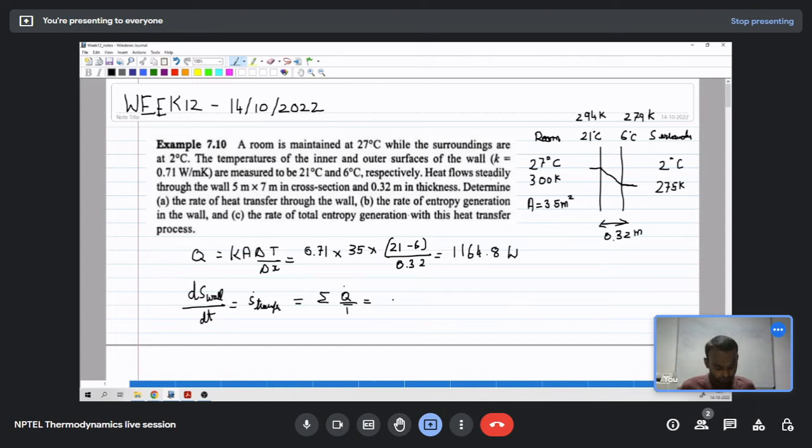So I can write for Q in, 1164.8 which occurs at 294 Kelvin, minus 1164.8 divided by 279 Kelvin.